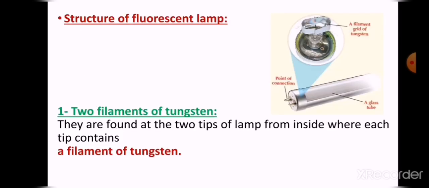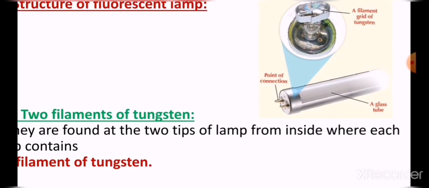Now, let's start with number one, the two filaments of tungsten.